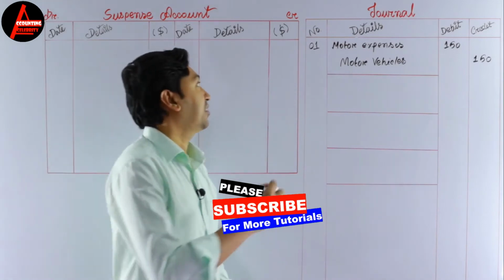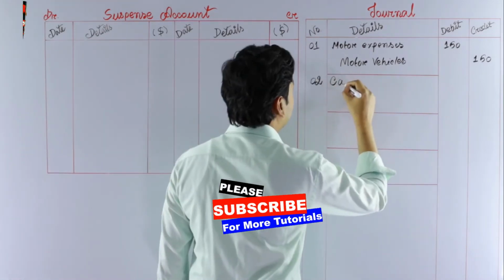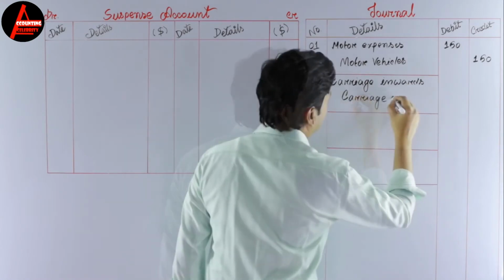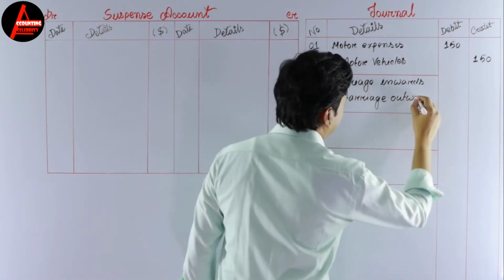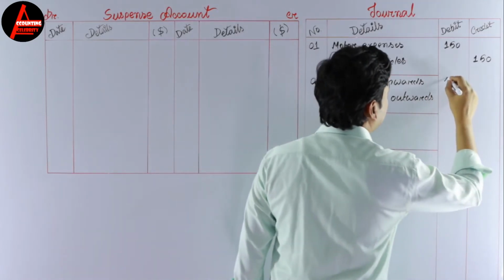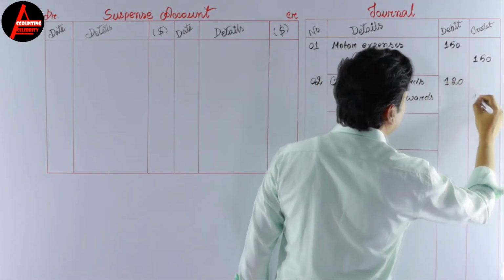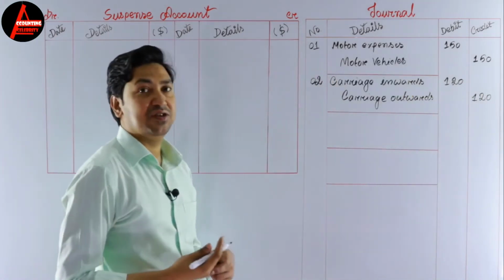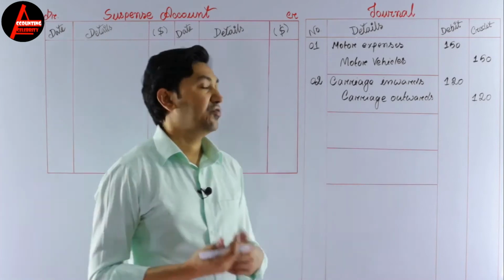So let us write here number 2, carriage inwards to be debited and carriage outwards to be credited. The amount is $120 on the debit and $120 on the credit column. Simple if you understand. So very good, it is over.